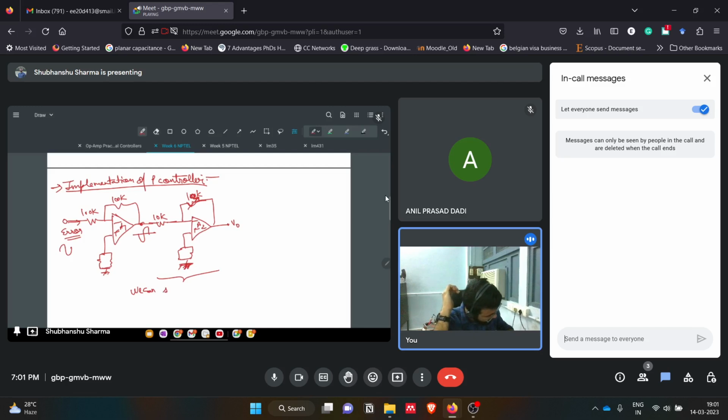We can set the gain of the A2 amplifier. Okay. And this will again make the signal come back to the 0 degree phase shift.